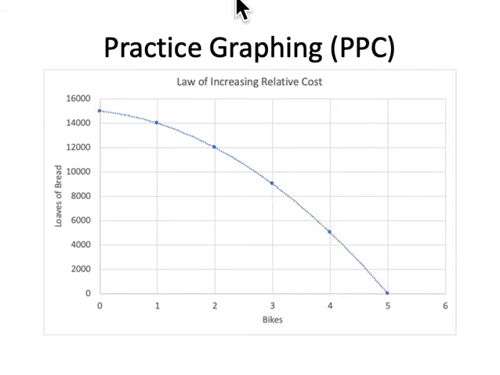So this is my production possibilities curve, right? I can produce 3 bikes and 9,000 loaves of bread right here. I could also produce 3 bikes and 4,000 loaves of bread if I produce that point right here. However, that would be inefficient. At the same token, I could produce 3 bikes and 12,000 loaves of bread.